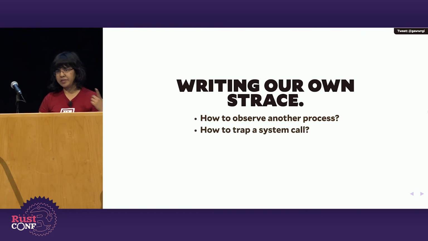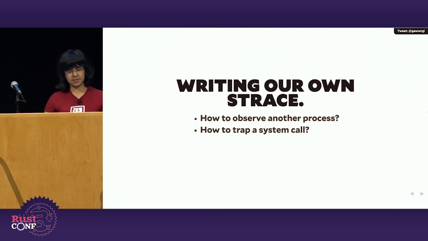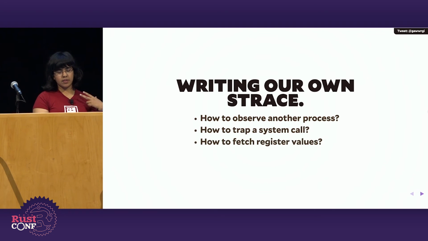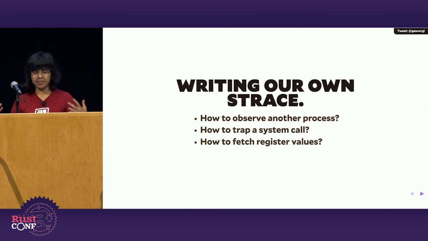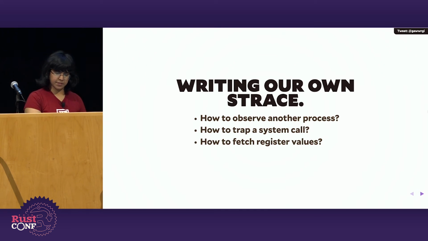Second is how to trap a system call. Once we have a process, how do we know that it's making a system call? And the third is once we know that a system call is being made, that's very cool, but now we want to look at the registers to see what system call was made, because the register stores the value of the system call.